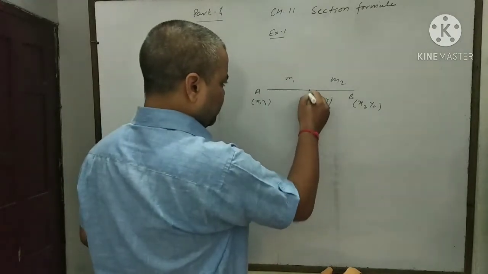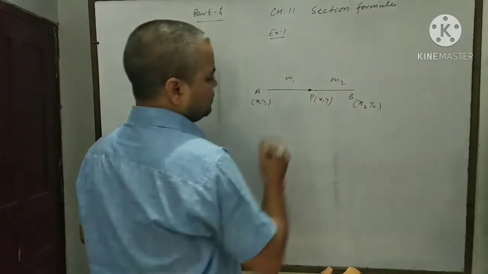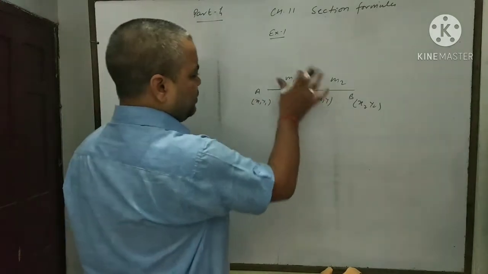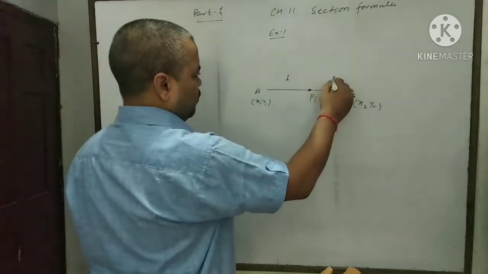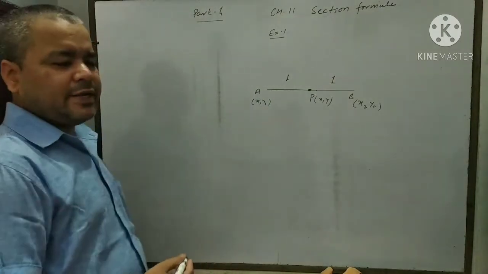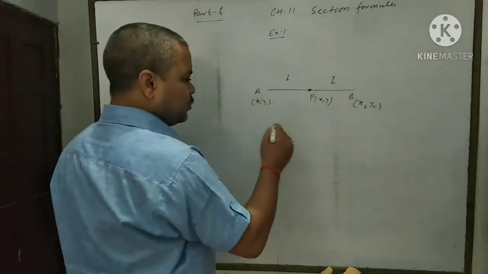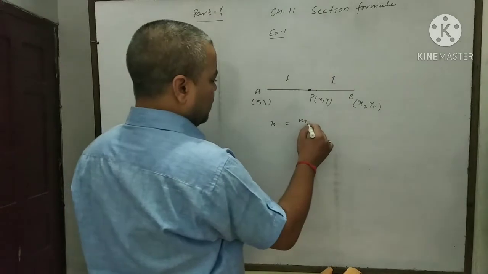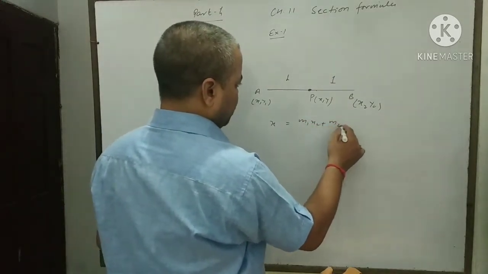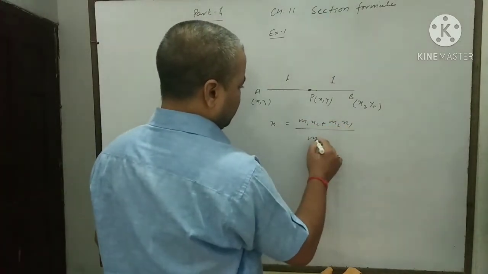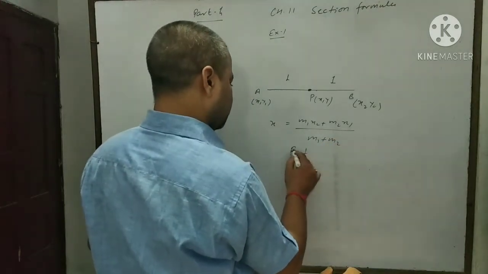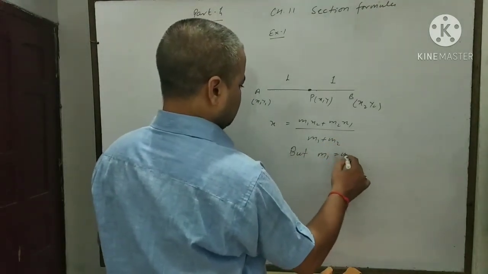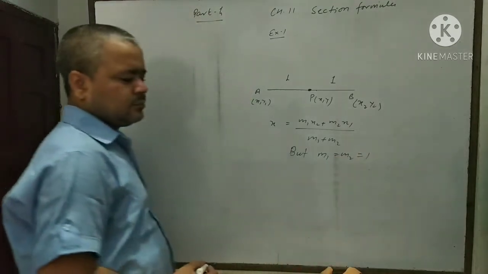Here P is the midpoint which divides line segment AB in the ratio 1 is to 1. In that case, we know that x is equal to (M1 x2 plus M2 x1) upon (M1 plus M2), but M1 is equal to M2 is equal to 1.